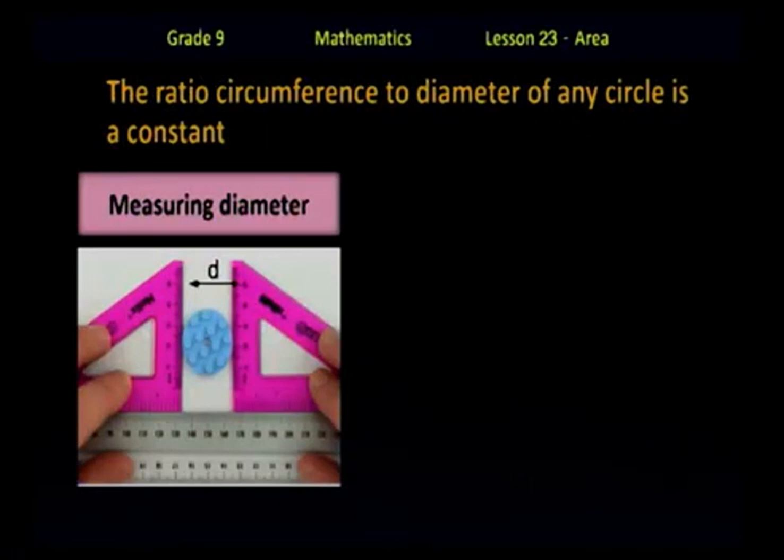How can you find out the diameter of a circle? It is a circular object. We can't fold it because it is a solid. So you can use this setup. There is a straight edge, your ruler and two set squares. Then you can arrange them in this way and read the measurements on the ruler. You can get the diameter.